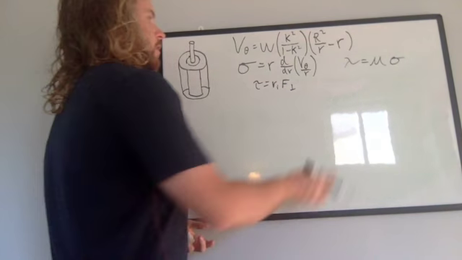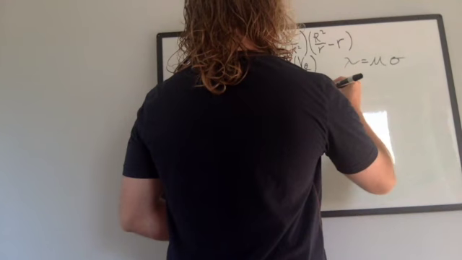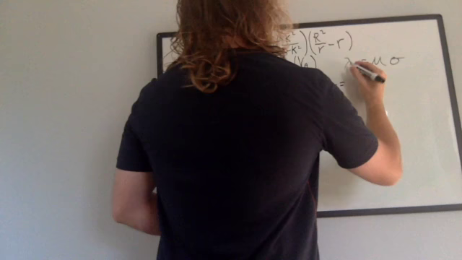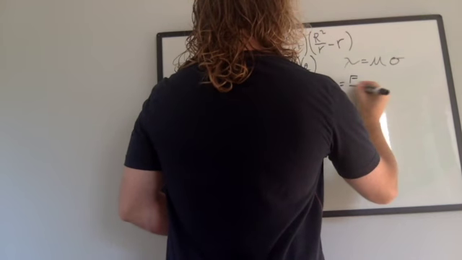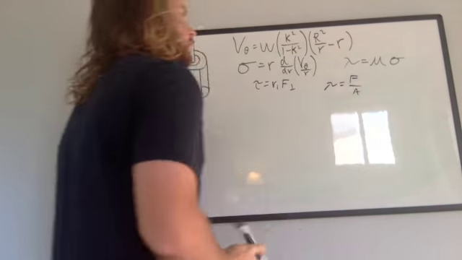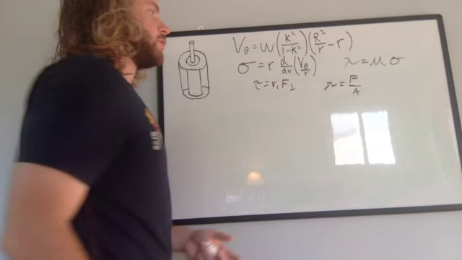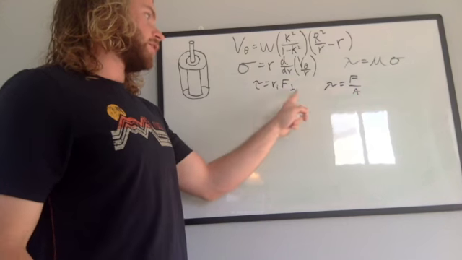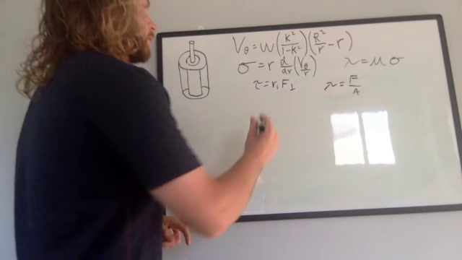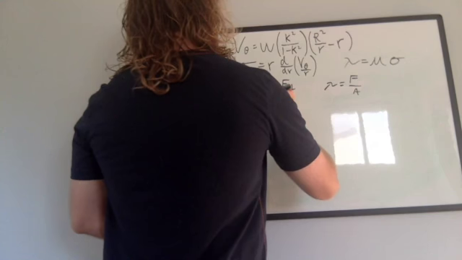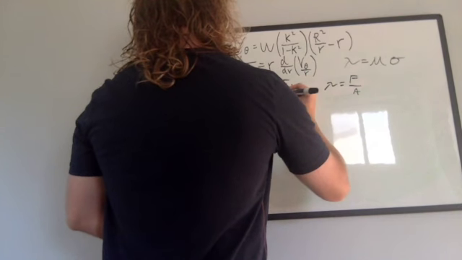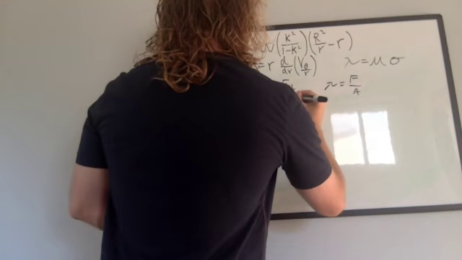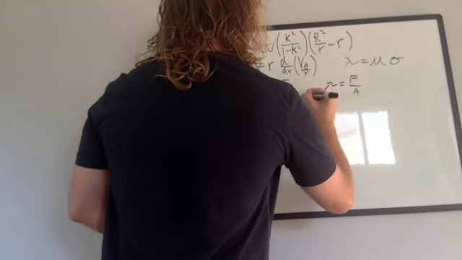And we know that our shear stress is going to be equal to the force over the area. So we know that force is going to be equal to our shear stress multiplied by the area. So we can go ahead and substitute that in for our torque. So torque is going to be equal to radius of the inner cylinder times shear stress times area.